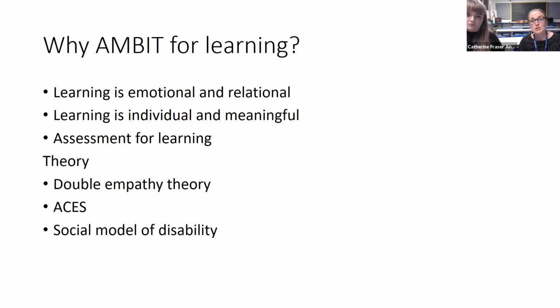We also subscribe to ACEs. Lots of our young people have quite traumatic backgrounds, so we subscribe to the idea that adverse childhood experiences really impair communication and interaction, because they absolutely devastate trust. Epistemic trust is absolutely crucial for healthy development, for developing any kind of pro-social behaviour, and it's also an absolute prerequisite for learning.